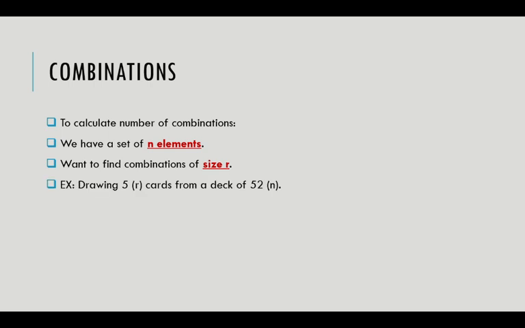For example, if we're drawing 5 cards, 5 is my r, from a deck of 52, then 52 is my n. I have 52 elements in a deck of cards, and when we draw 5 cards, we're finding combinations of size r, where r equals 5. And then we have a fairly messy calculation using this equation right here.